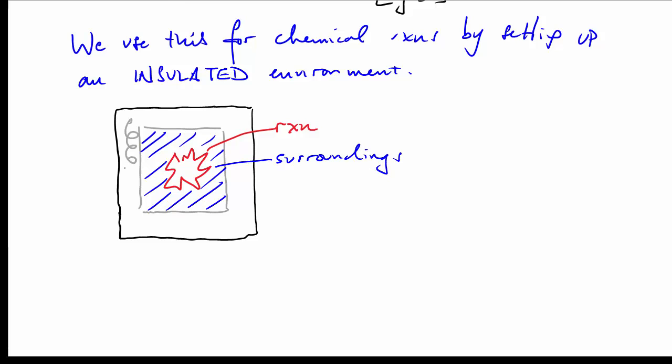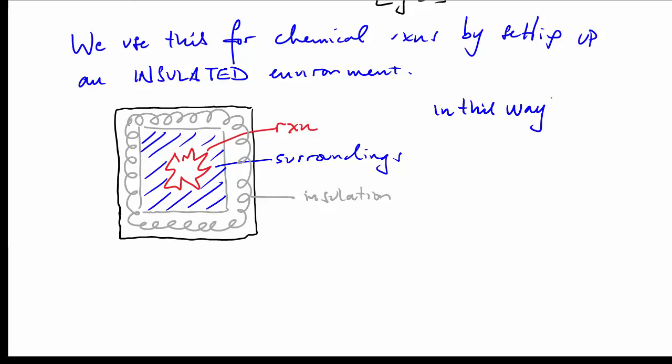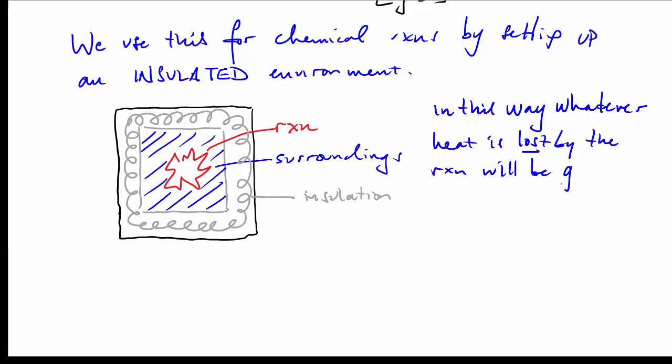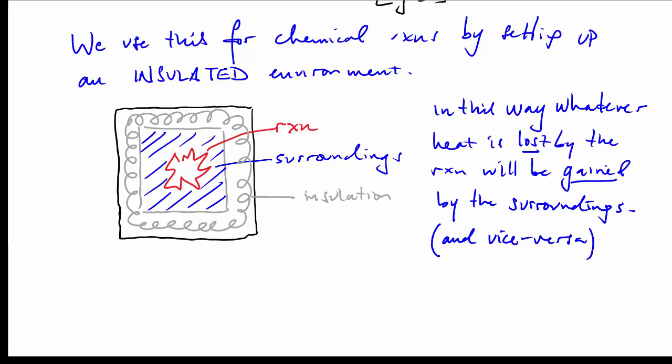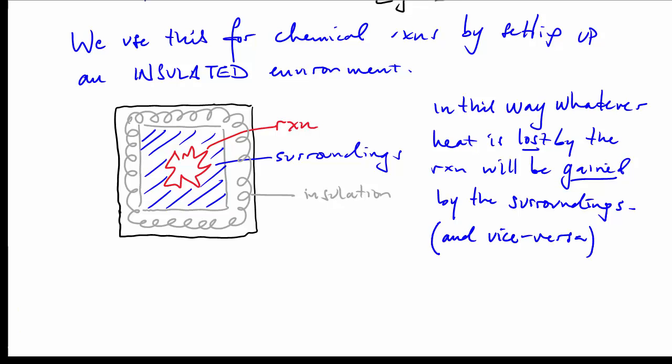And then we'll have some insulation around the outside to prevent heat from entering or leaving the system from the outside world. Okay, in this way, whatever heat is generated by the reaction will be absorbed by the surroundings, and any heat gained by the reaction will be lost by the surroundings. Hopefully, no heat will flow into or out of this system from outside.